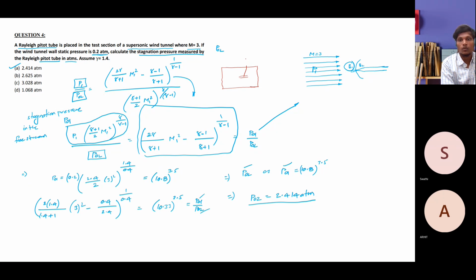If you're using the meter, it will take the reading of P02 only, because the pitot tube can measure only P02. And we don't know the Mach number; it's not possible to directly know the Mach number. It is actually the reverse process. What we need to do is first let the flow come at some velocity.